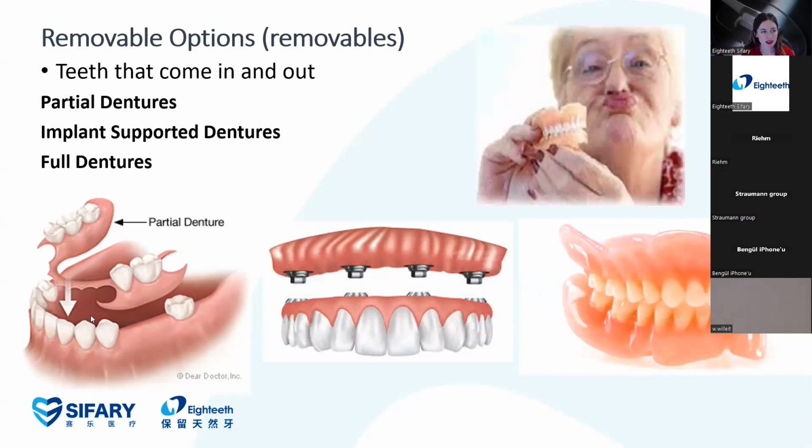So for partial dentures, there are some healthy teeth, and if there are some missing areas, they can be indicated.